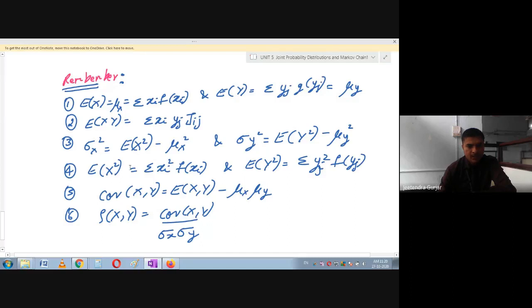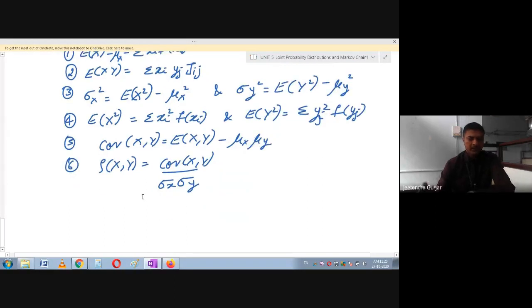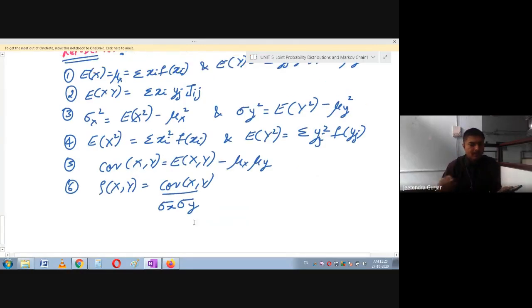And E of x square we have already done, that is the sum of xi square f of xi. Also I have told you to remember the covariance formula and correlation formula. So we'll go immediately to the example. Please once again read the formulas, practice and be ready. All these formulas will help you solve the example.